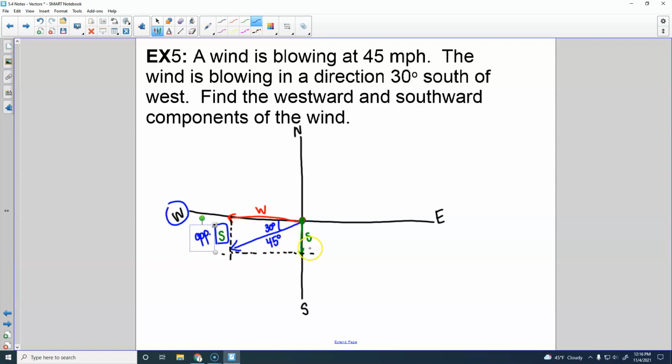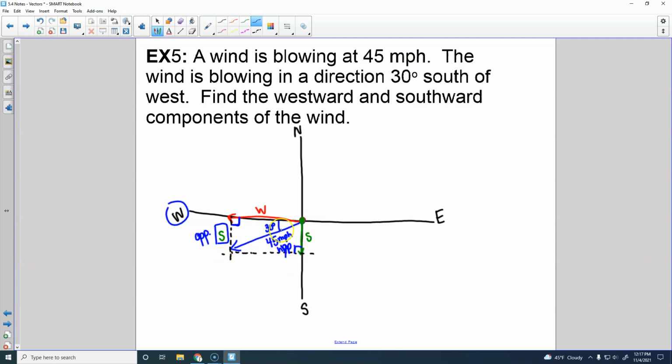And what's this? I shouldn't have a degree sign right there. It's 45. It's not supposed to be degrees at all. It's 45 miles per hour, so it's a length right there. So for the 45, that is my hypotenuse, because the right angle is right here. Or if you're looking at the bottom triangle, it's right here.